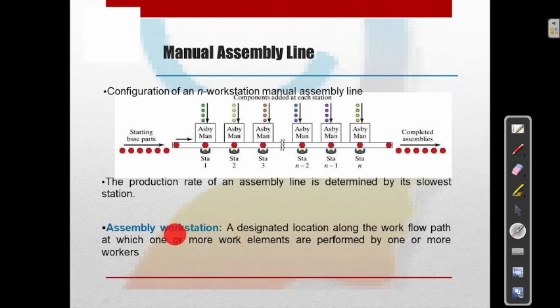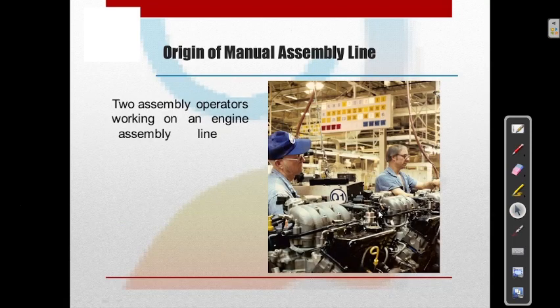In some assembly workstations, there will be more work and more employees. Thus, the assembly workstation. See here one example of manual assembly line work. In this particular workstation, two men are working.